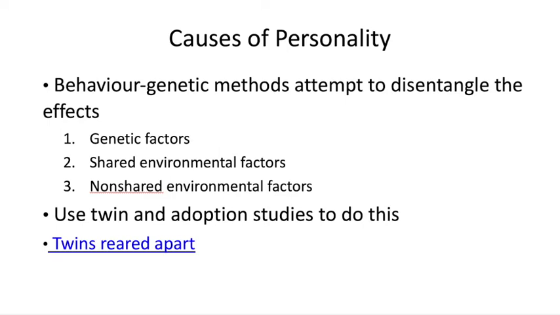So one develops the condition and the other doesn't, because of that close friend. So the non-shared environmental factor acts as a protective mechanism against some genes that may not otherwise develop.